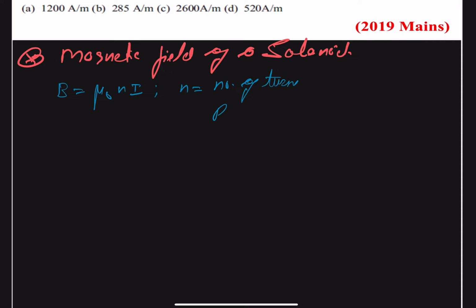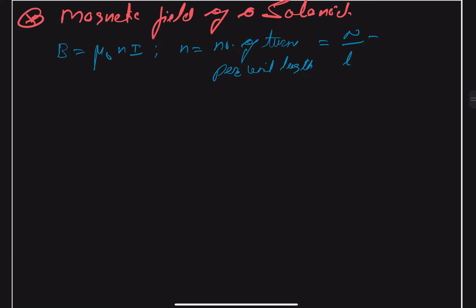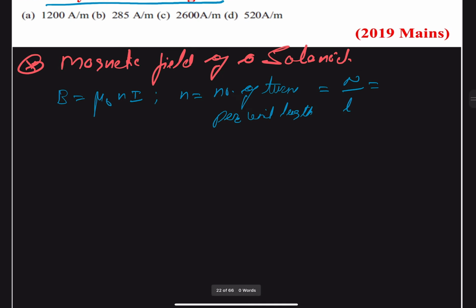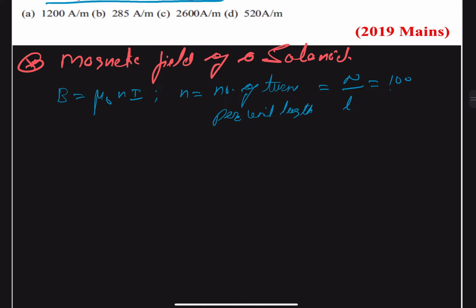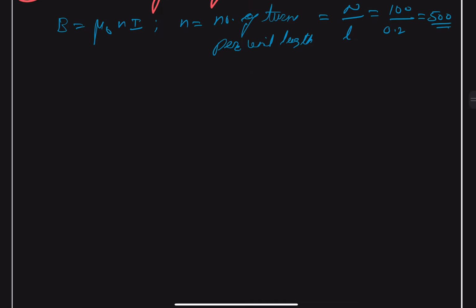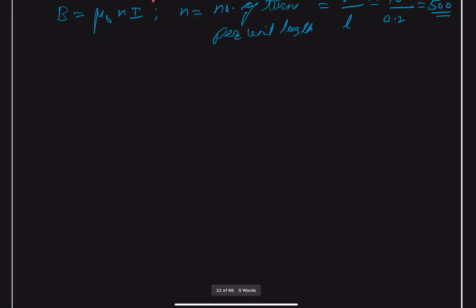Number of turns per unit length. So we can say this is our number of turns divided by length. The number of turns is given to us as 100 and length is 0.2. So 100 divided by 0.2 comes out as 500. Now mu naught we know is 4 pi into 10 to the power minus 7.